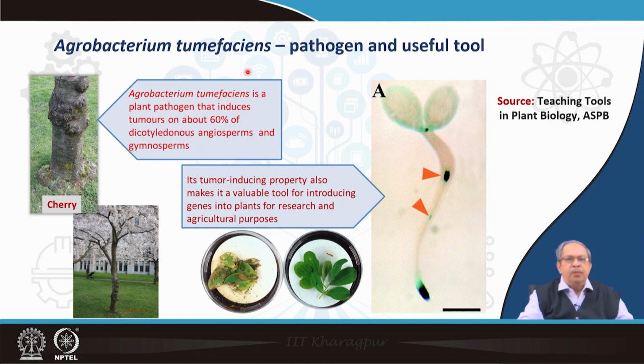It transfers a part of its plasmid DNA through the wounding site into the host plant genome, and once it is integrated within the host plant genome, it modifies the hormonal balance of the host plant. As a result we see crown gall formation, which is the external manifestation. That is why this is called crown gall disease. The crown gall was first detected in the cherry plant, and subsequently the tumor inducing properties were worked out.